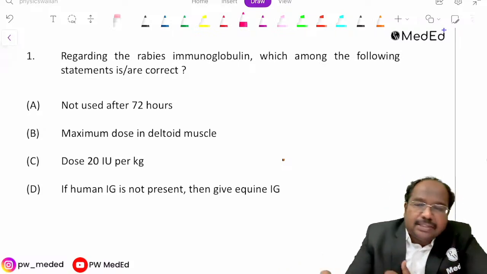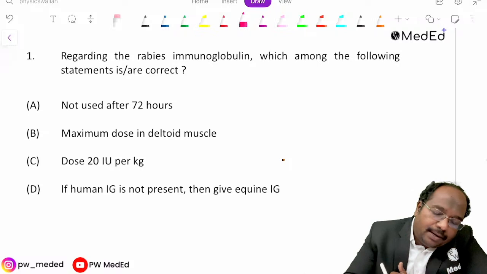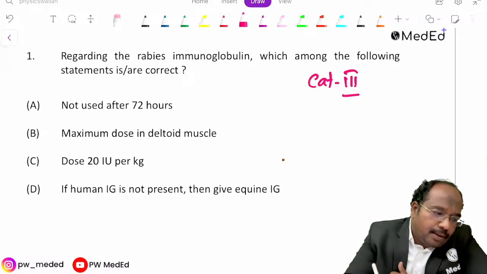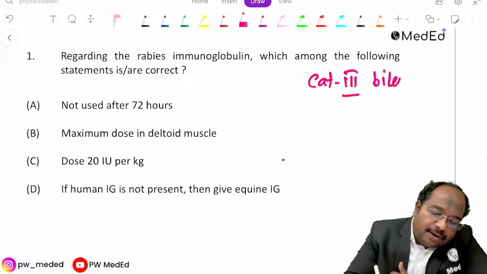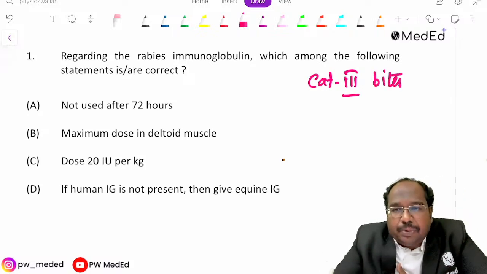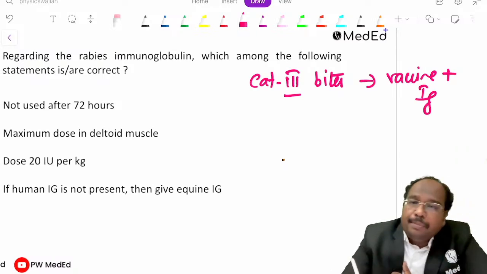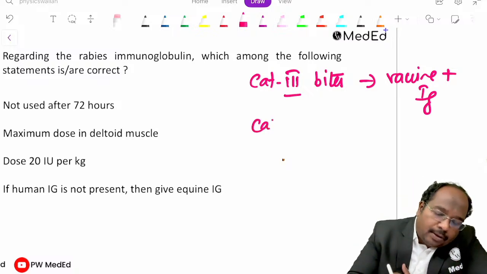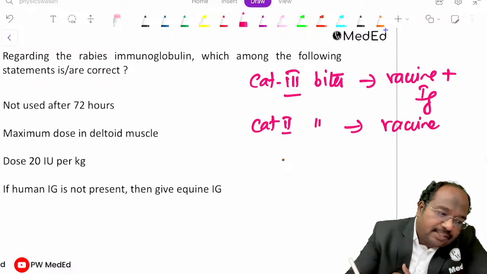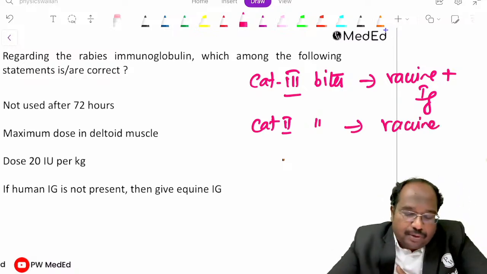For any case of dog bite or wild animal bite, we use it for category 3 bites. For category 3 we use vaccine plus immunoglobulin. For category 2 bites we use only vaccine.